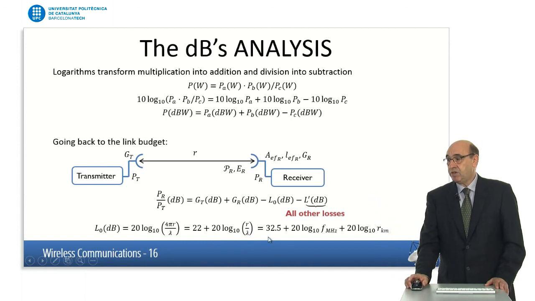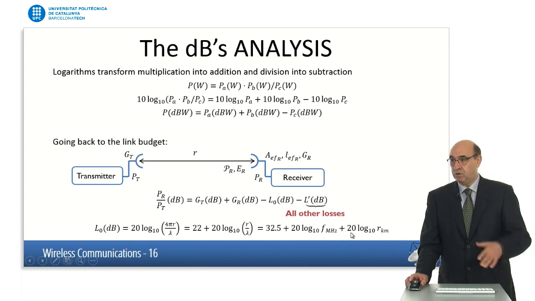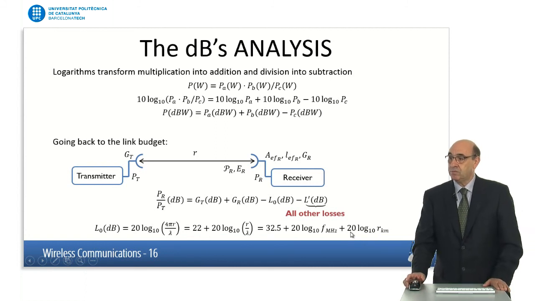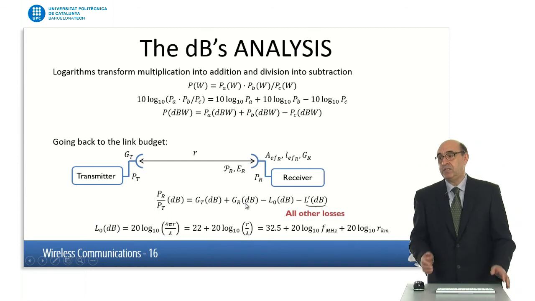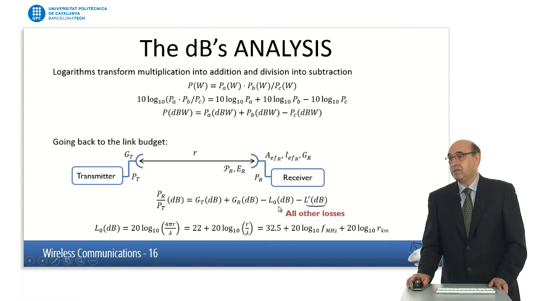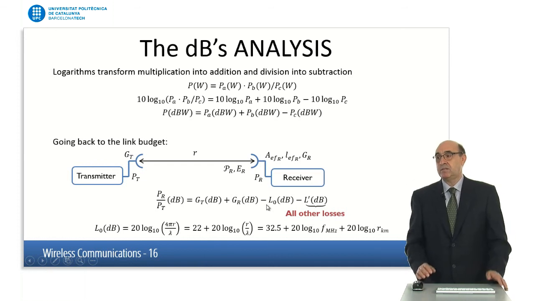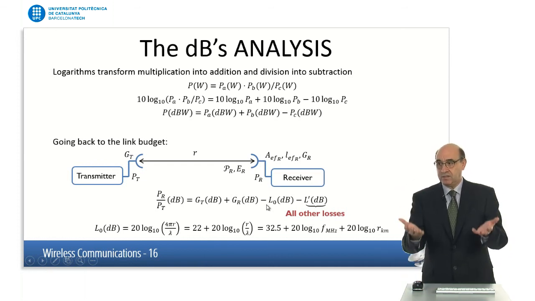But also you have another expression, which is simple, which is once again 32.5 plus 20 log of the frequency in megahertz and 20 log of the distance in kilometers. That means that any time that you multiply by 10 the distance, then you get 20 dBs more to be added on this loss. So those are the limiting factors. Those help you. They are positive in the sense that they raise the received power, and these two others, just as good losses could do, just decrease this value.